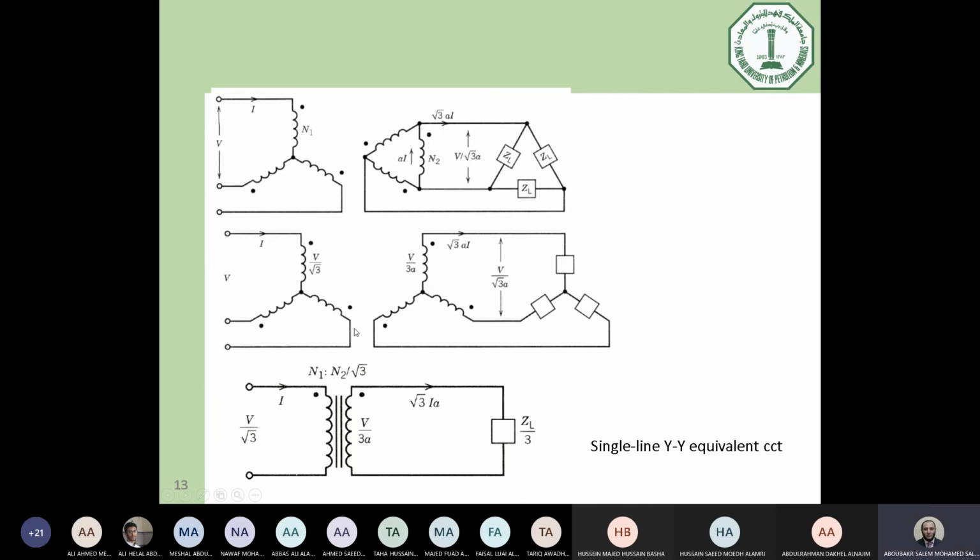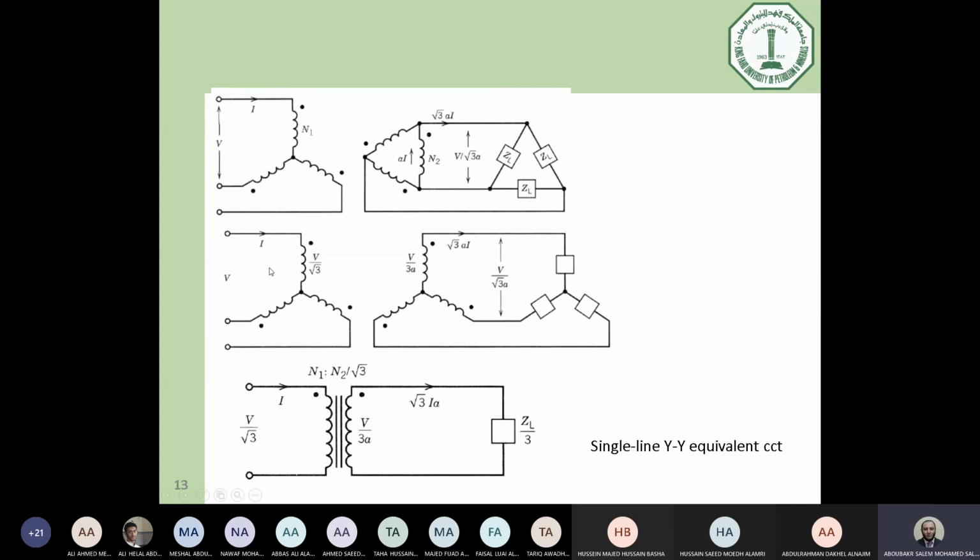So this is the transformation made, and for the load, it should be Z divided by 3. So we can now simplify this circuit because all of the circuit connections are star. We can now make the connection as single phase.